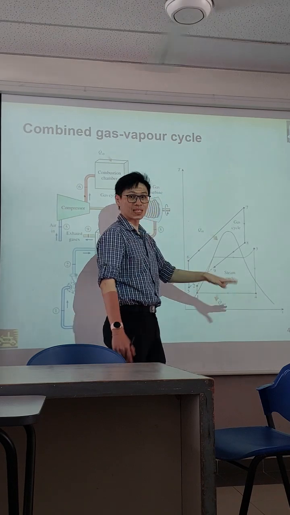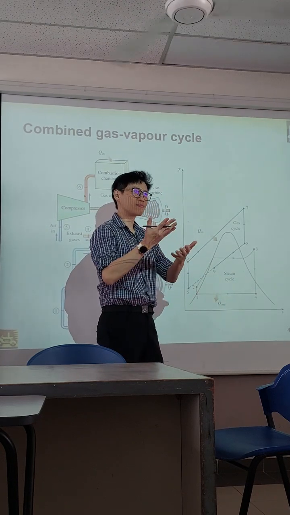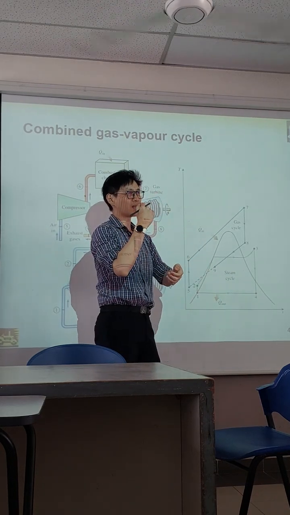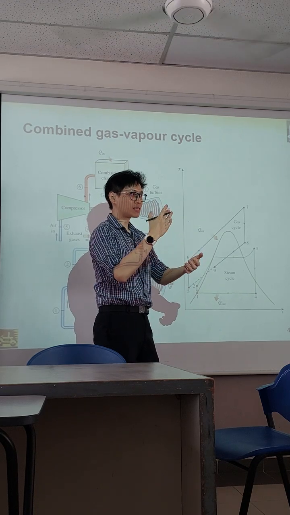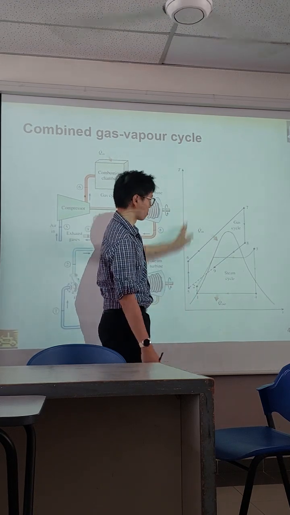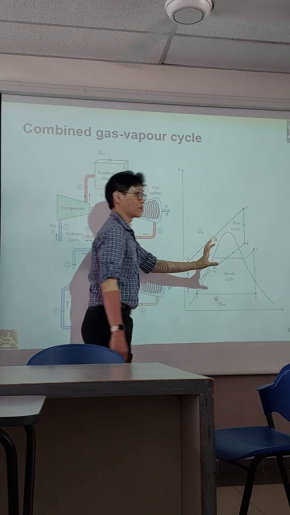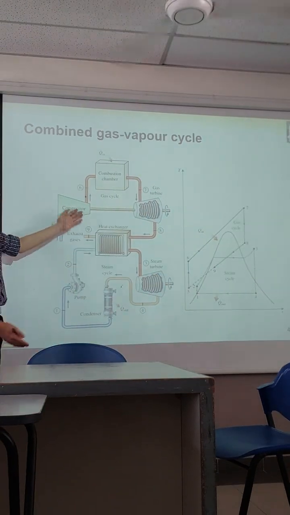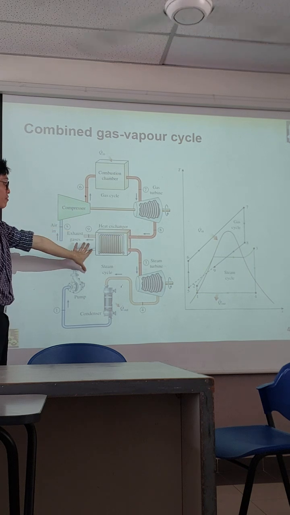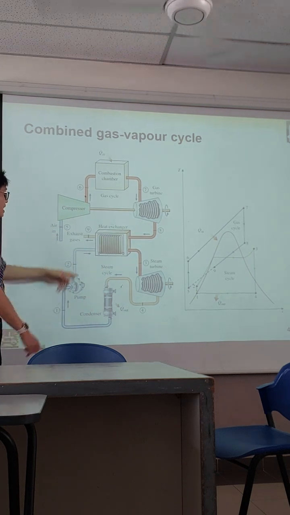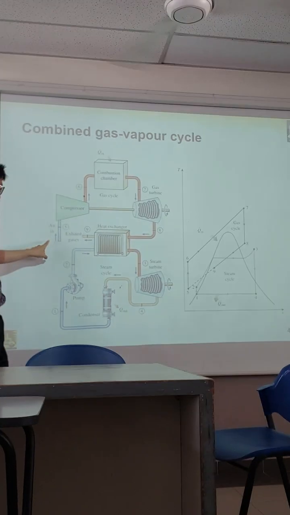But since we are dealing with two different substances here, you can also view it as having two different axes. One is for this, one is for this one. So actually it's the same thing. If you look at this, it might look a bit complicated, but if you look at this, actually it's the same.